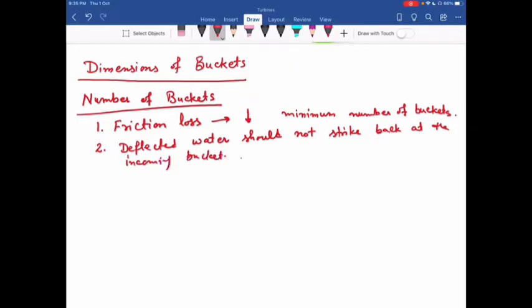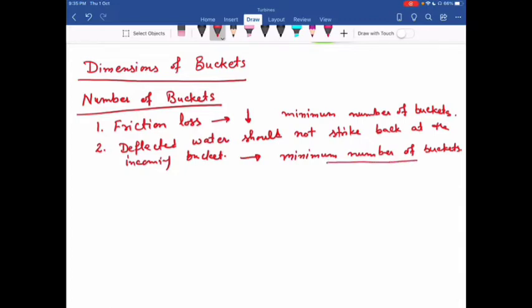So again our requirement is a minimum number of buckets. If we have a large number of buckets on the runner, then when the jet strikes a bucket, the deflected water from that bucket may strike the next incoming bucket. That is possible if we have a large number of buckets. To avoid that, we should have the minimum number of buckets on the runner.